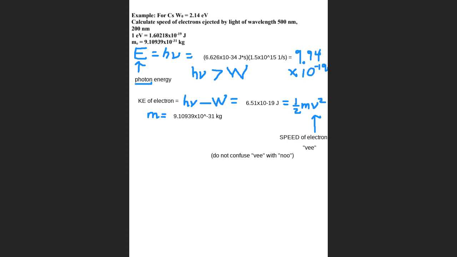All right, so you can solve for v. It's the square root of 6.51 times 10 to the negative 19 joules, times 2, divided by the mass in kilograms.